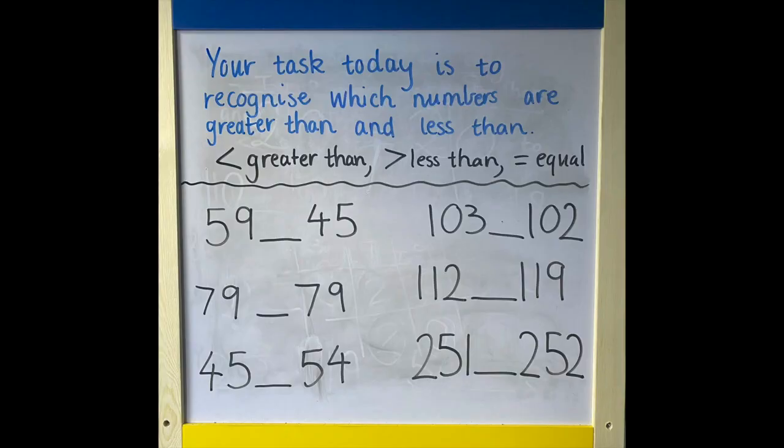Your task today is to recognize which numbers are greater than and less than. Use the symbols, the greater than, less than, and equals, to work out which numbers are bigger and smaller. Have a go at pausing this video and writing down these numbers.